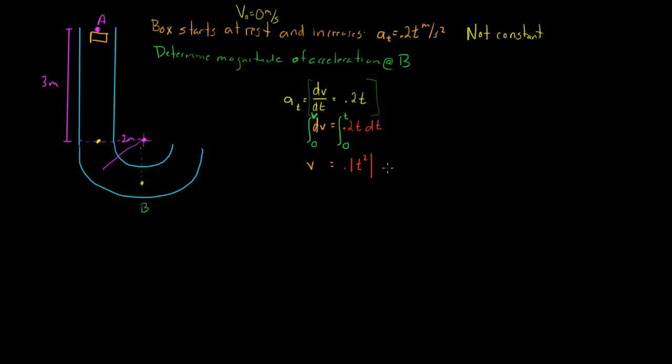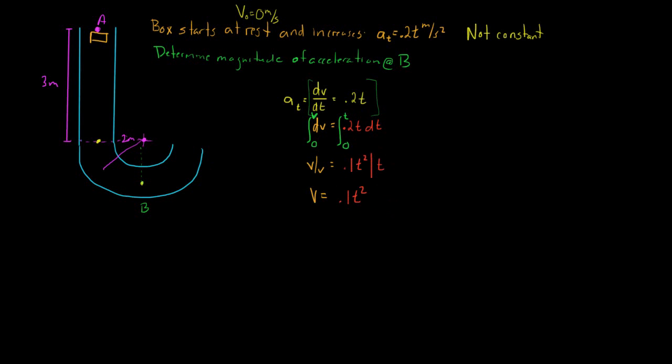This is evaluated at t and at v. If we evaluate that, we get v is equal to 0.1 t squared, just like we had before.